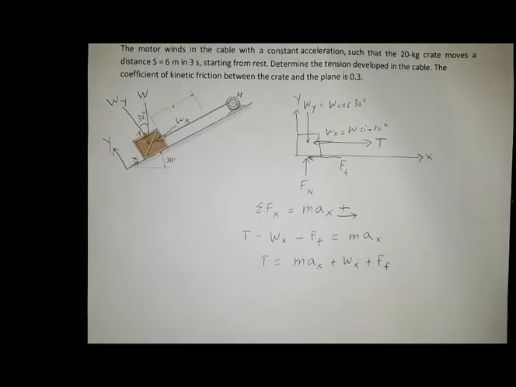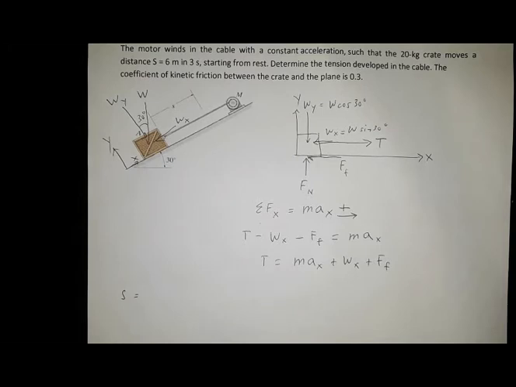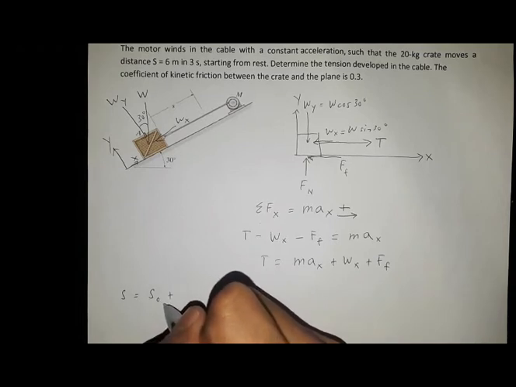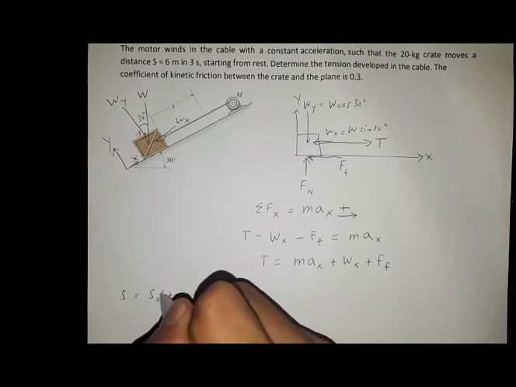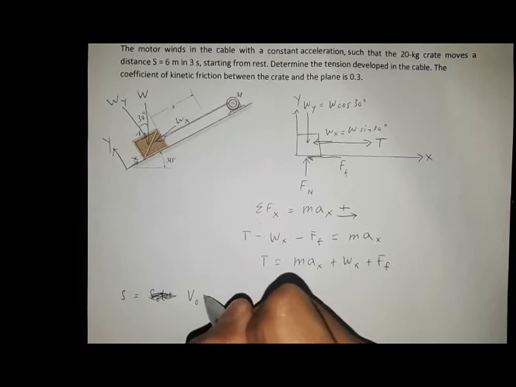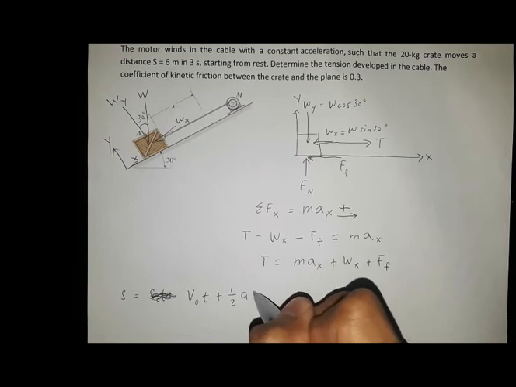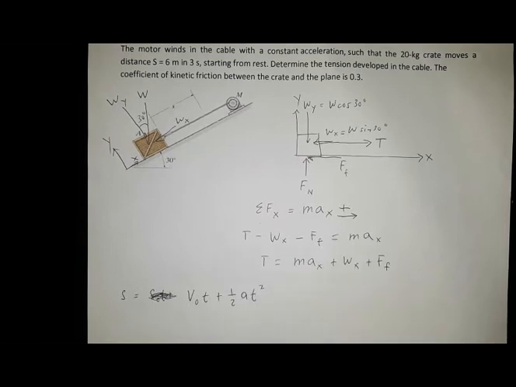Therefore we have S equals V0 t plus 1/2 a t squared.